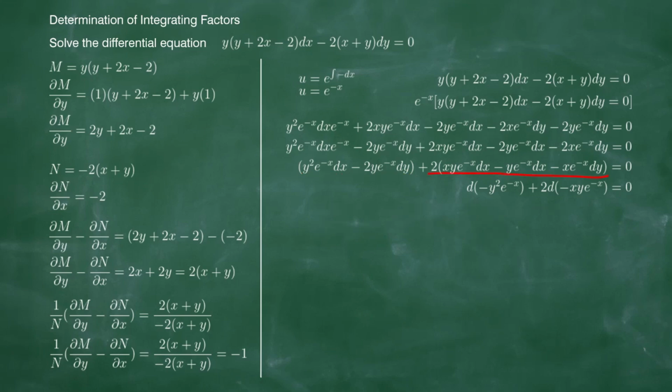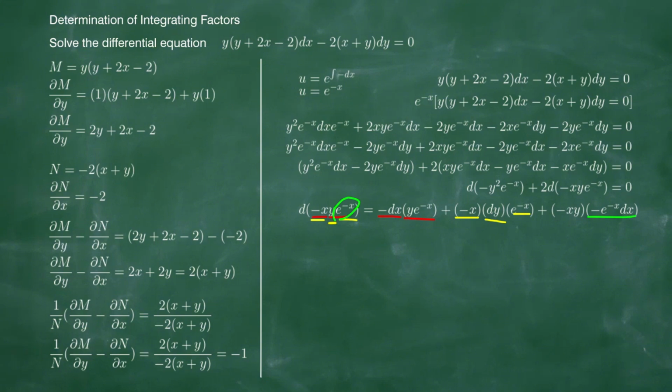And the last three terms are the same as 2 times the derivative of negative x times y times e to the negative x. If we want to check this one also, the derivative of negative x is negative dx multiplied by y e to the negative x, this one. The derivative of y is dy multiplied by negative x and e to the negative x.